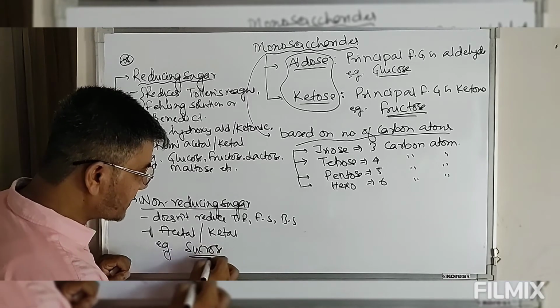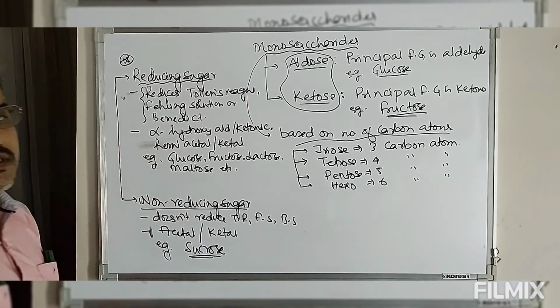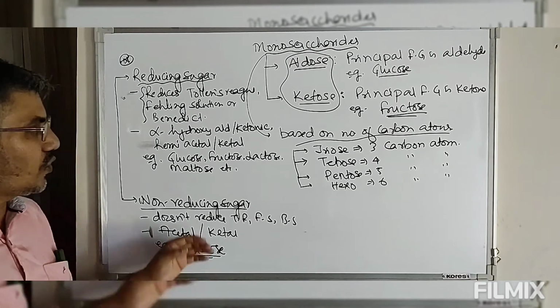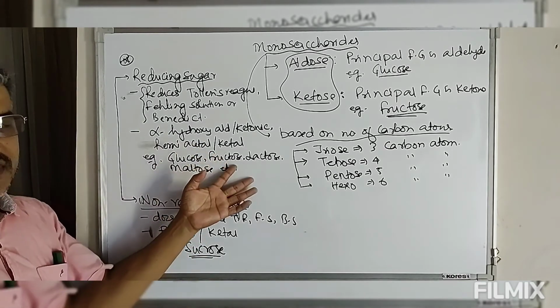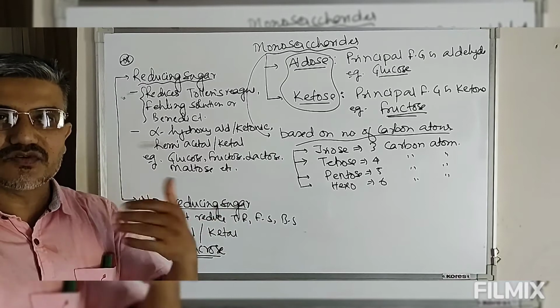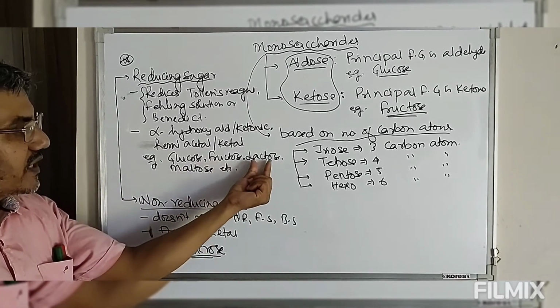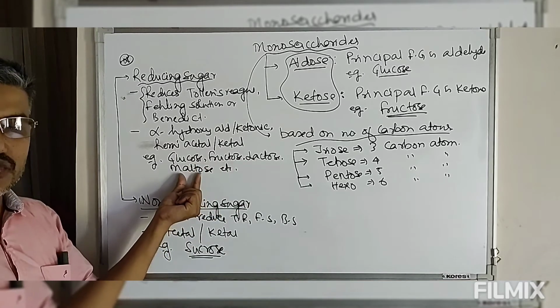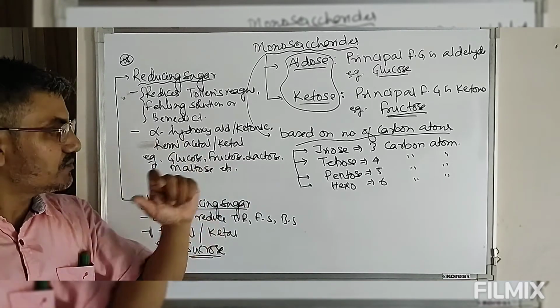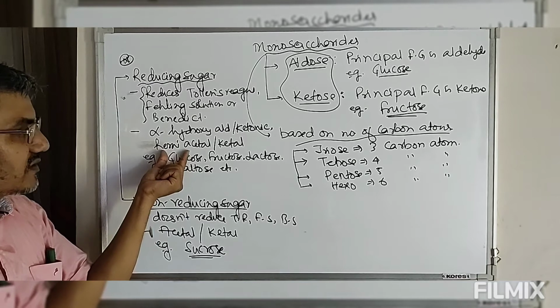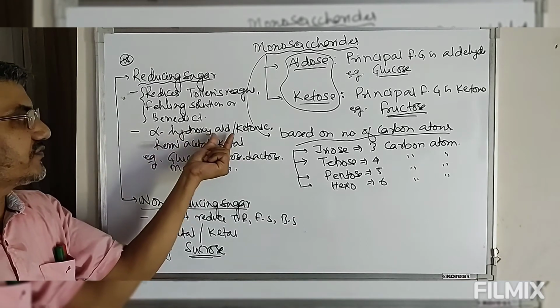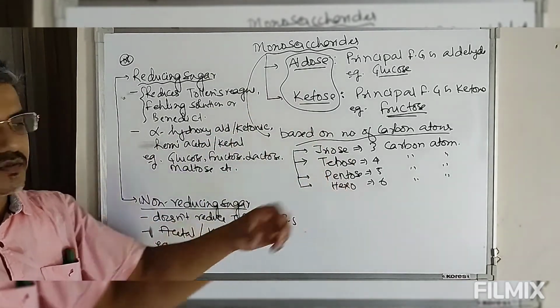So sucrose is a disaccharide which is non-reducing, whereas all these other disaccharides and monosaccharides are reducing sugars except sucrose. Look at this, we have lactose and maltose, these are disaccharides, but they exist in hemiacetal or hemiketal form, or they have a free aldehyde group or alpha hydroxy ketone group.